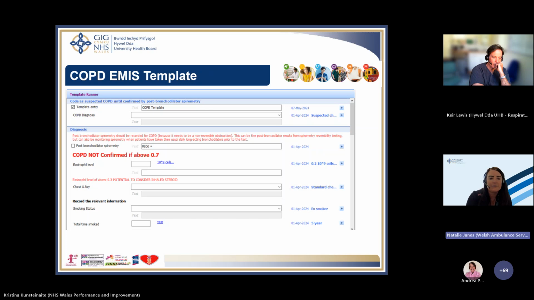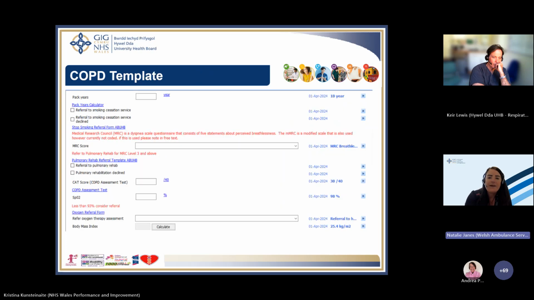Next slide, please. So again, the template talks about MRC, and if the MRC is 3 and above, then it populates a template for a pulmonary rehab referral form. Now, in this one I've highlighted the Aneurin Bevan Health Board referral template, but across Wales different templates are used.